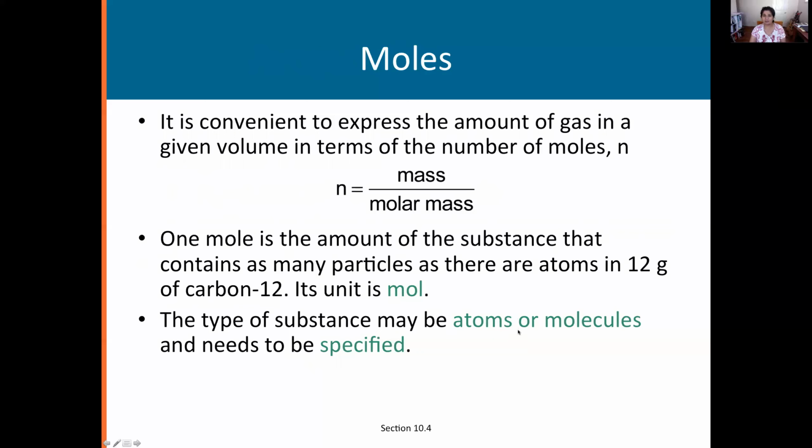So if you have 6.02 times 10 to the power 23 molecules of oxygen, then you have 1 mole of oxygen molecules. Yeah? If you just have 6.02 times 10 to the power 23 atoms of oxygen, then you have to say you have 1 mole of oxygen atoms. So it's important to specify 1 mole of what.